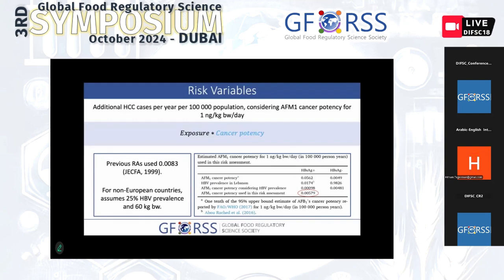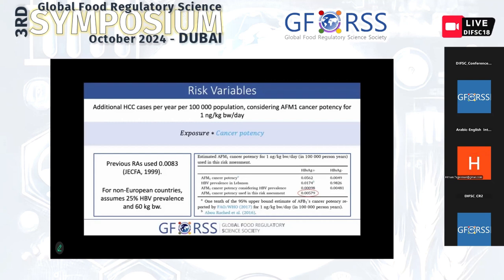So this is the equation that allows us to calculate additional HCC cases. HCC, Jeremy explained before, is hepatocellular carcinoma. So exposure is actually an output of our risk assessment. We calculated based on the variables we just explained. Cancer potency, on the other hand, is an input. We need to provide this number. So where do we get this from?